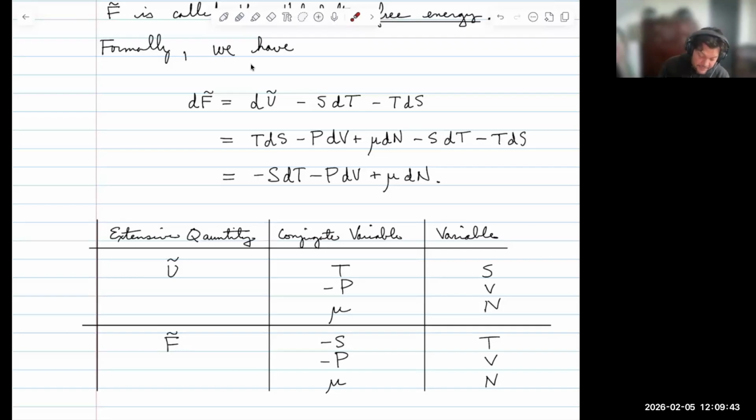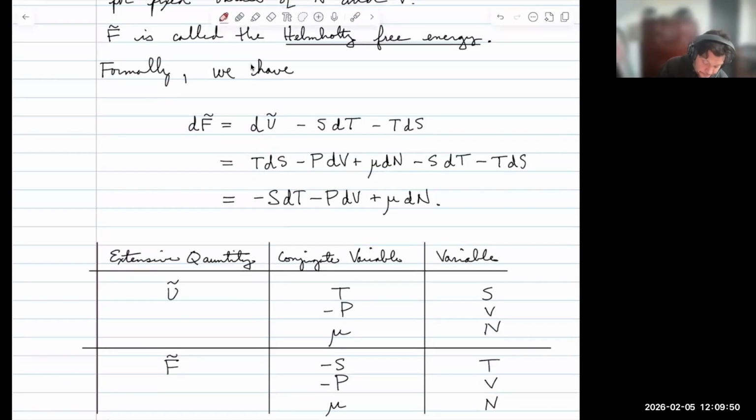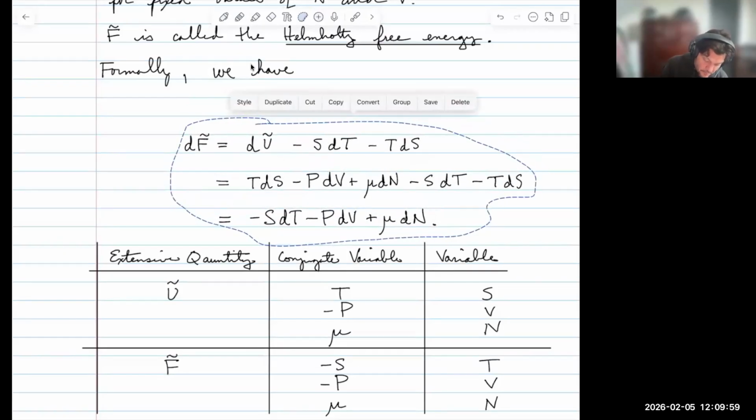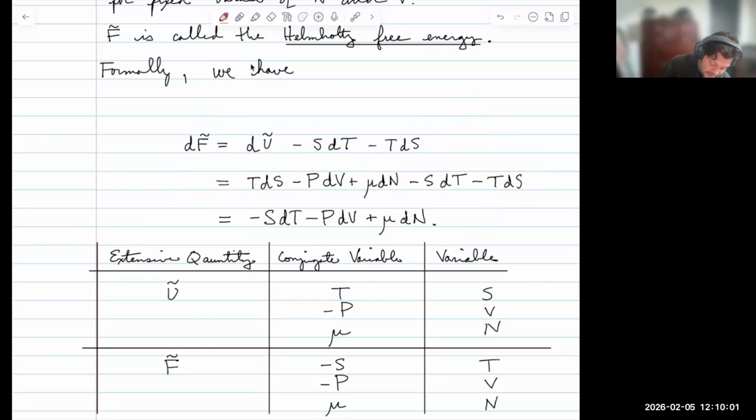So if I have the definition that I showed you above, let me make a little bit of room. I want to add a bit of information here. So we start off with this definition: F tilde is equal to U minus T times S. Now let's just pretend we can take a differential of that.